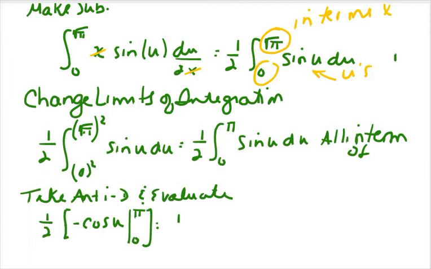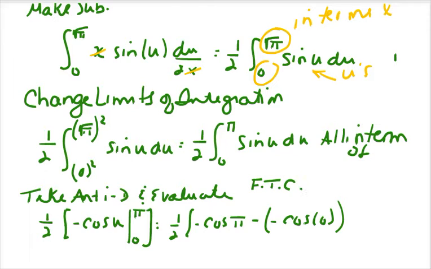And this is equal to 1/2 times minus cosine of pi minus minus cosine of 0. Keep your sign straight here. It's very important to keep your sign straight. Remember the fundamental theorem of calculus: F of b minus F of a, where a and b are the upper and lower limits.